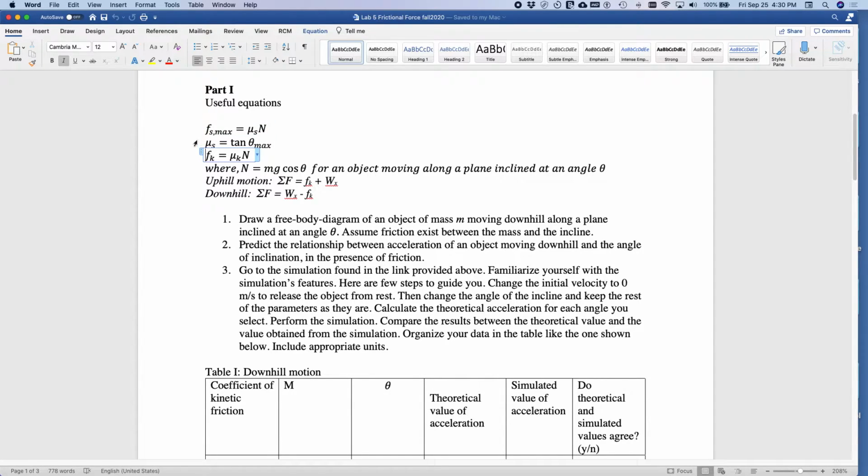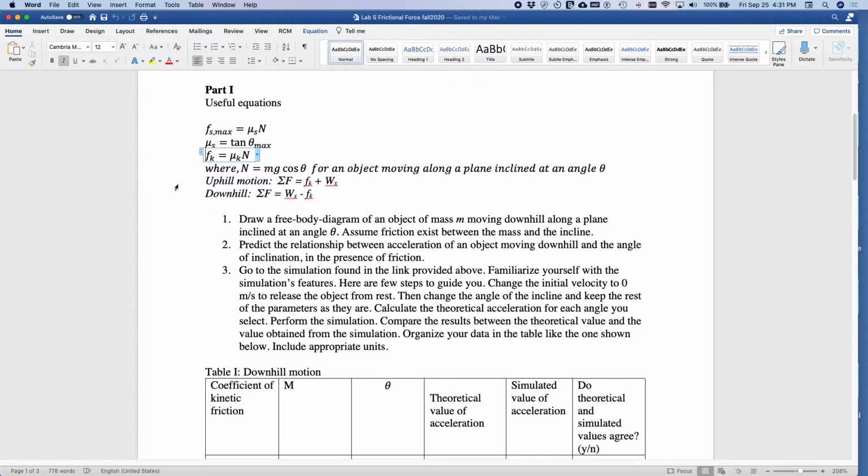Mu s is also equal to tan theta max, where theta max is the angle at which the object starts to slide along an inclined plane. F k equals mu k n is the equation for kinetic frictional force. In both of these cases, n is the cos theta component of weight, which is mg cos theta.